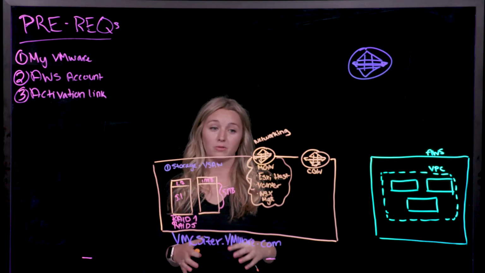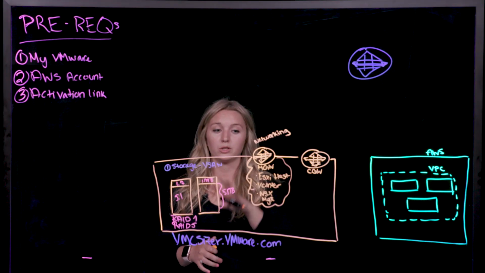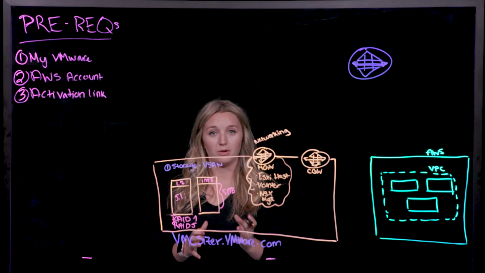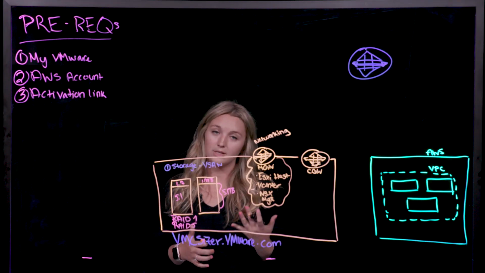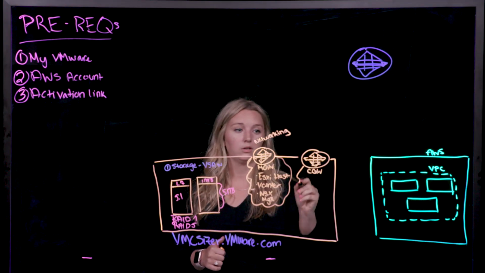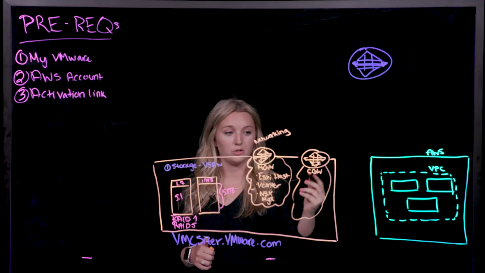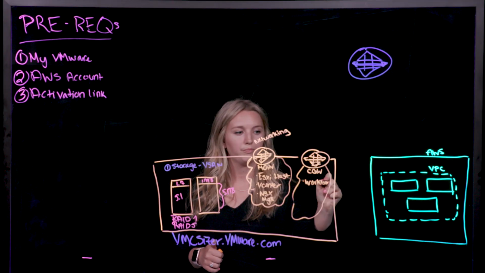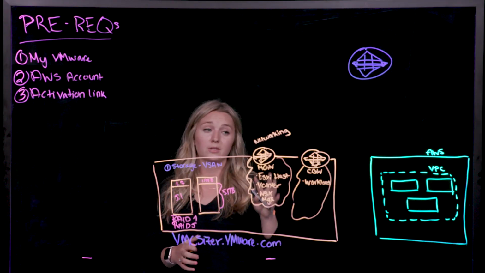Because this is a managed service from VMware, we will mostly be managing the management gateway for you, so you won't have a lot of rights in this area, but in terms of your compute gateway, you will be able to manage this yourself, and this will house all of your workloads. A few things about these two gateways.